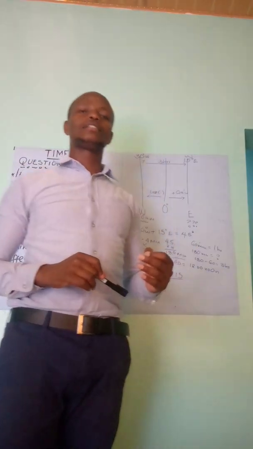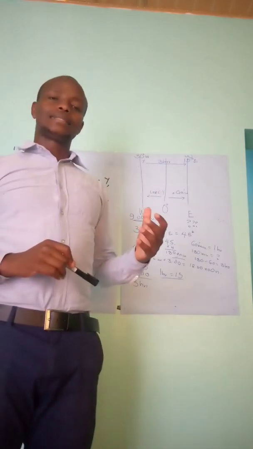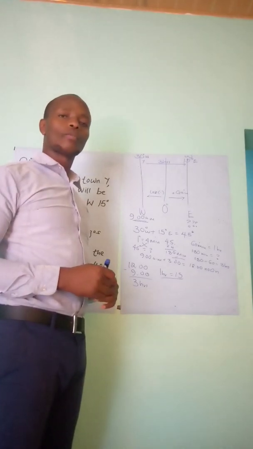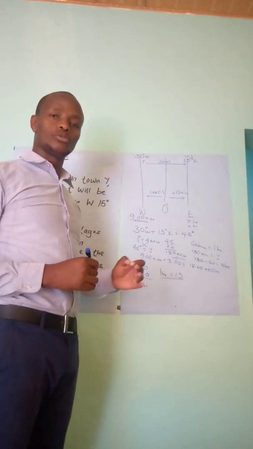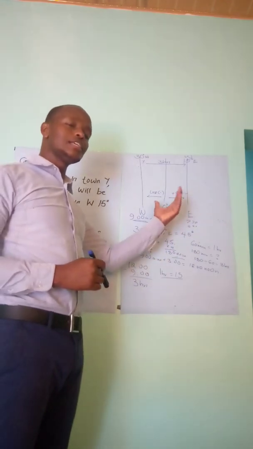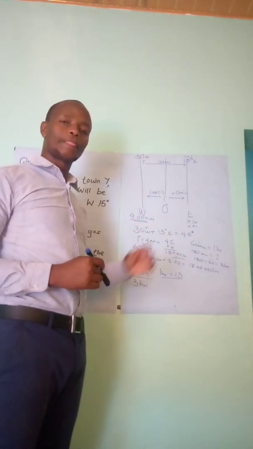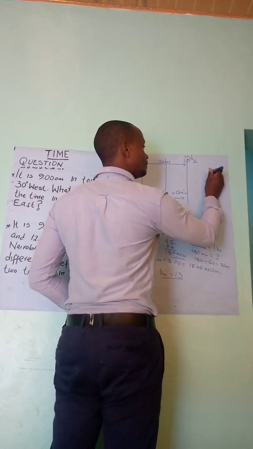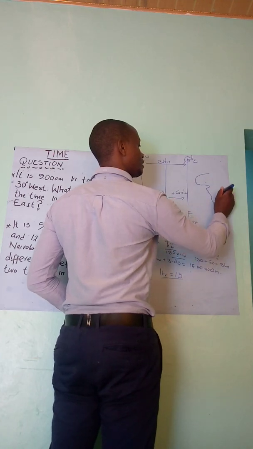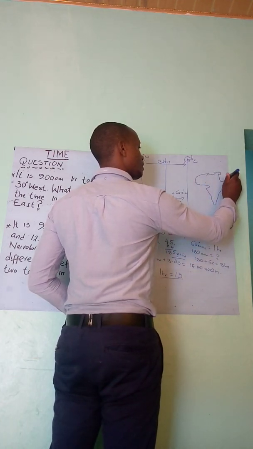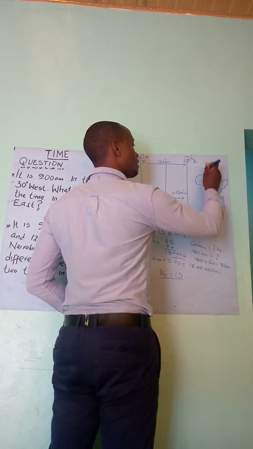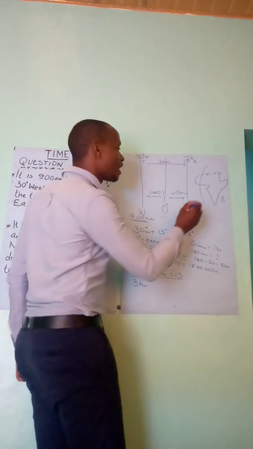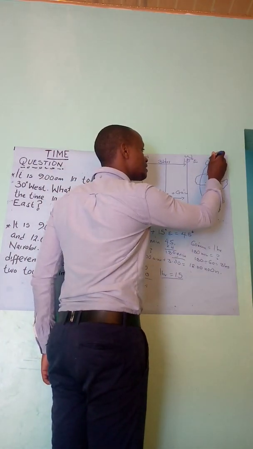You find that some parts of the earth, using the prime meridian, which divides the earth into two equal halves, that is the east and the west. For example, using a map of Africa, very quickly, I can show you where the prime meridian passes through in Africa.